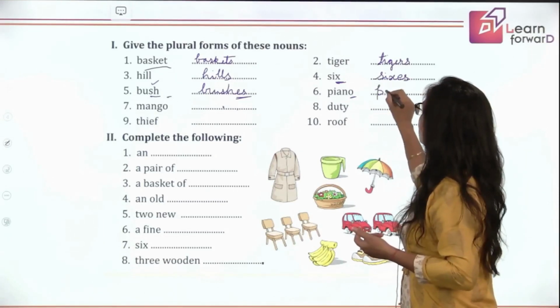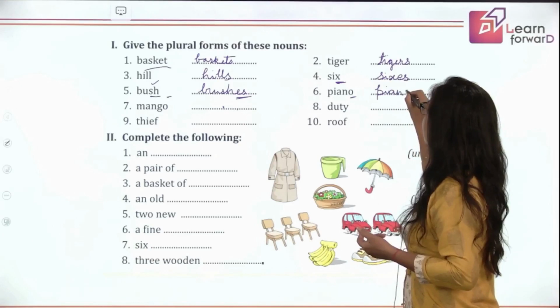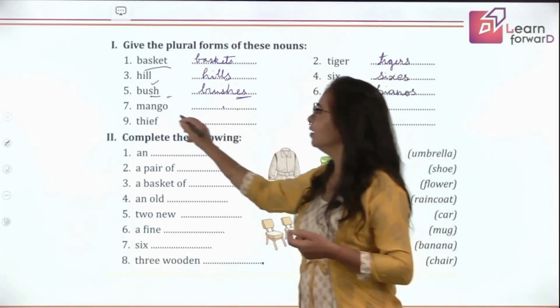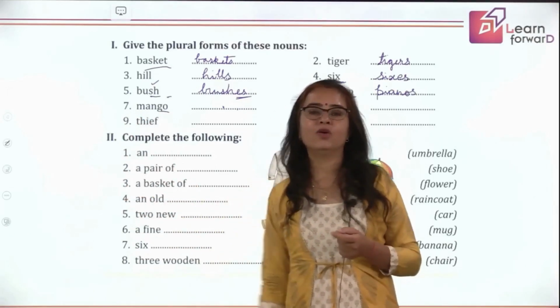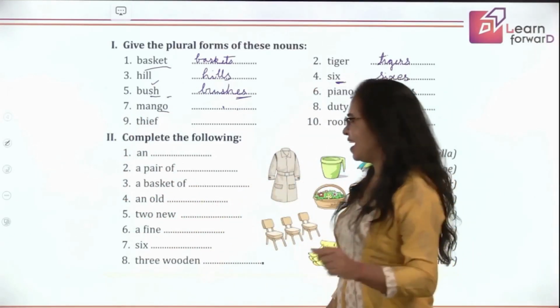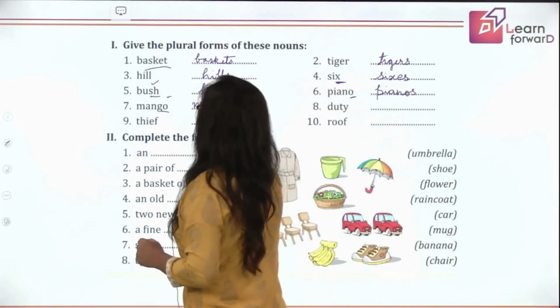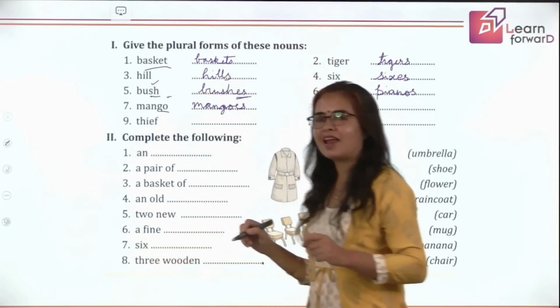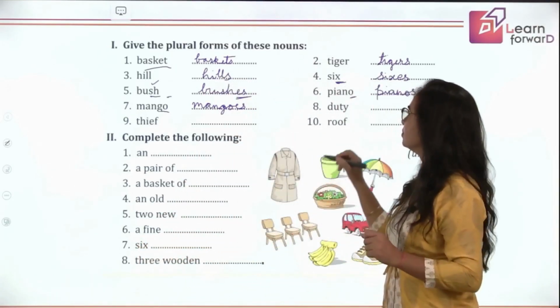This follows only S. Pianos. Brilliant. Your favorite fruit, mango, is also O ending. Yes, but this comes in the list of adding ES. That's brilliant. So you have grabbed all the rules, it seems.